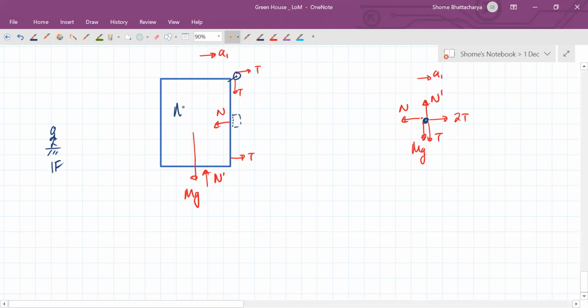So this is the wedge, capital M. So its equation for the horizontal direction will become 2T minus N is equal to capital M a1. This is our first equation. And of course N prime balances capital Mg plus T. But this is not going to be of much use to us. This is the equation which will be of use.